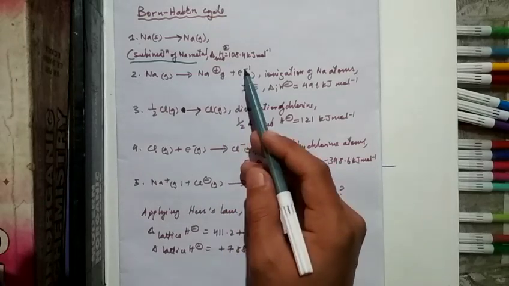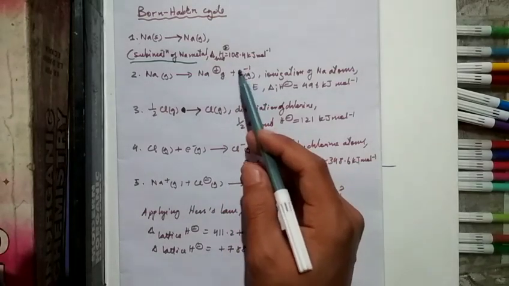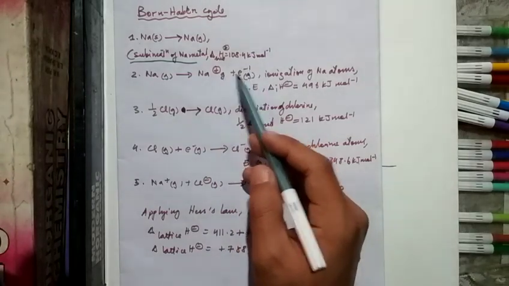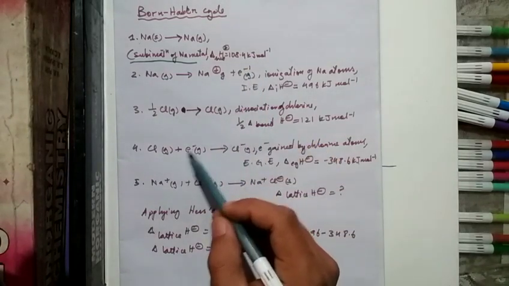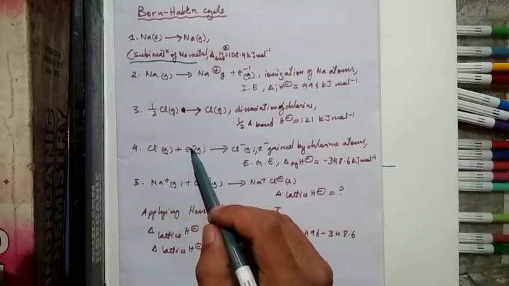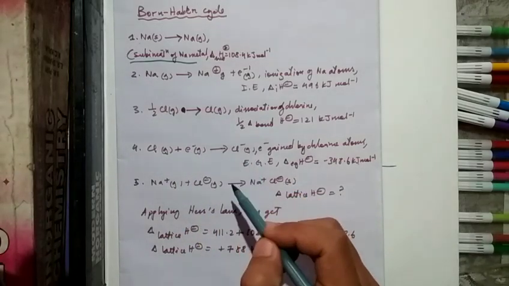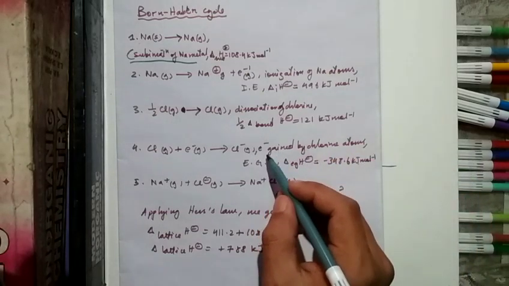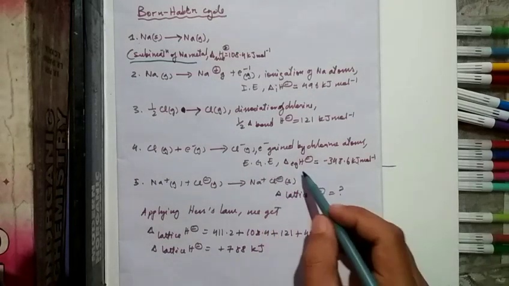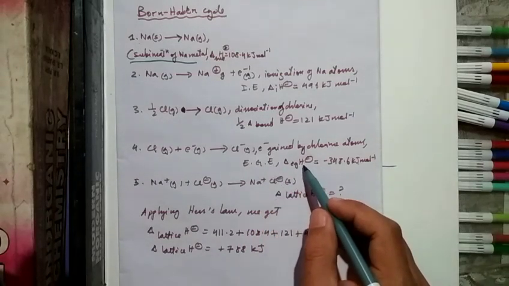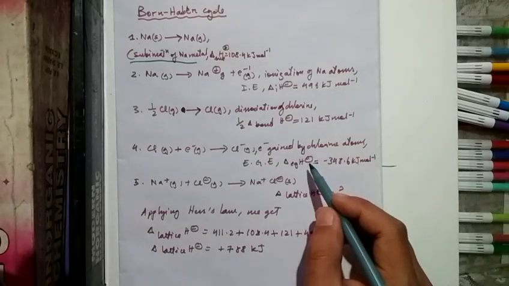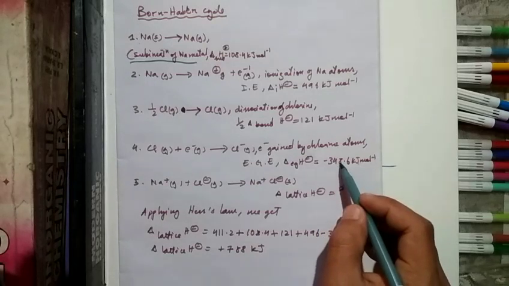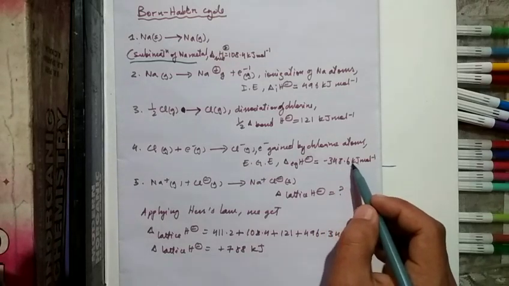Now sodium is electropositive, so it donates this electron, and chlorine takes this electron, Cl plus electron becomes Cl minus. This is known as electron gain enthalpy. In this case the process is exothermic, that's why the minus sign comes here, minus 348.6 kJ per mole.